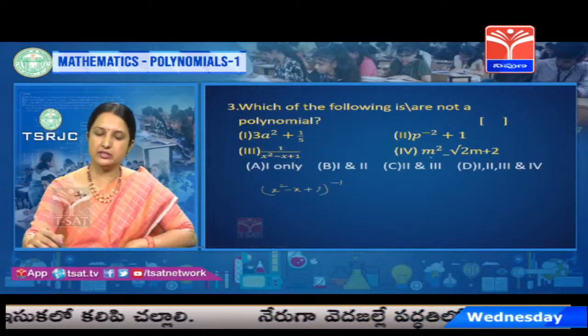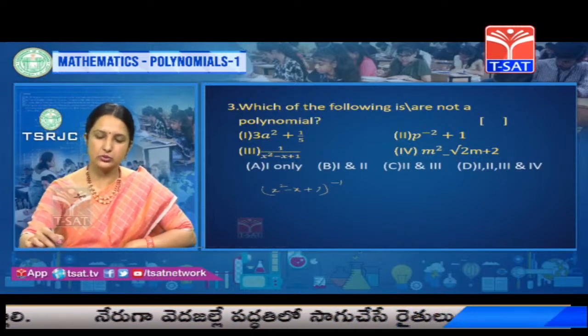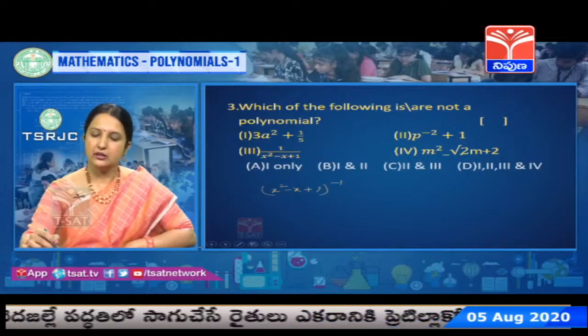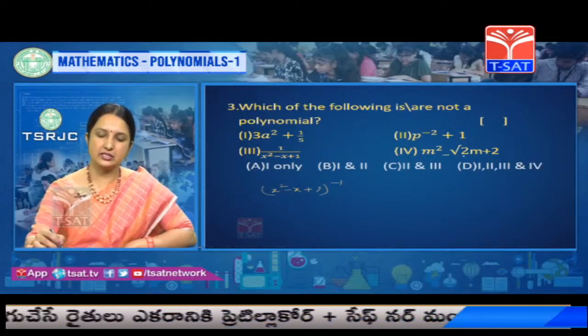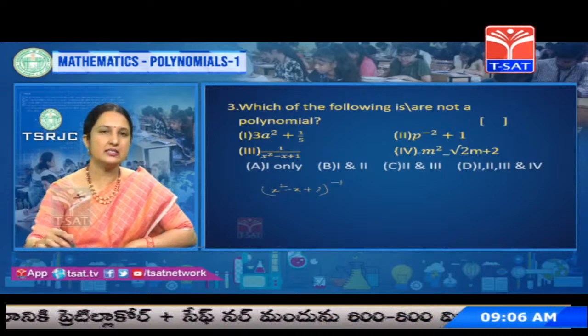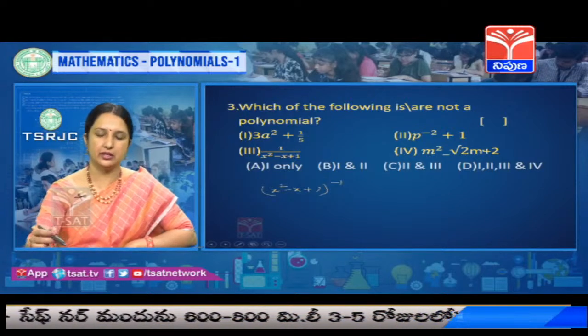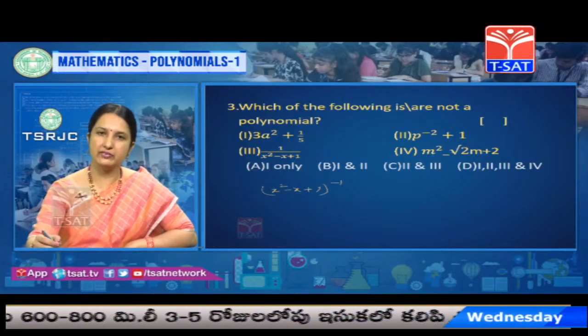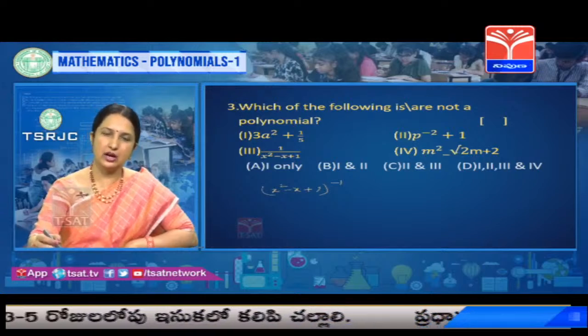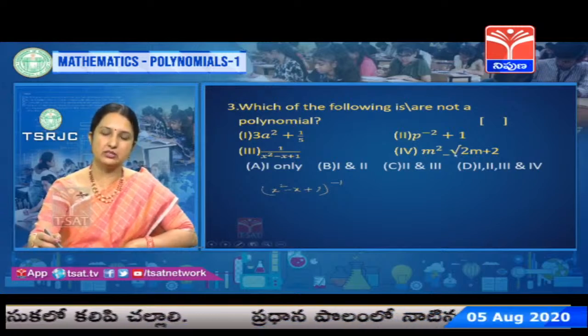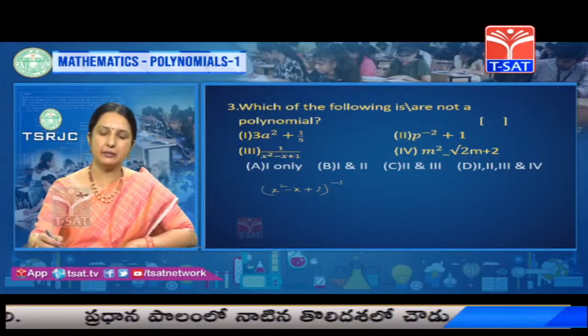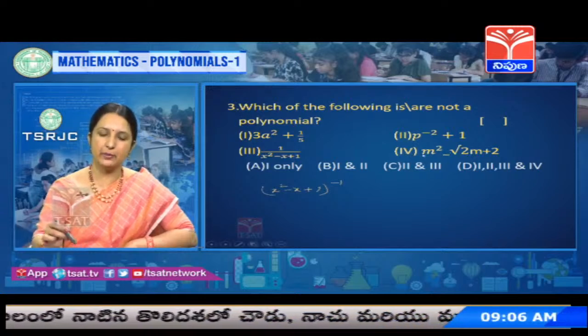When you observe this, some students will get confused. But this is a polynomial only, because the coefficient is root 2. All the coefficients are real numbers, and root 2 also comes under real numbers. So the fourth one is also a polynomial.